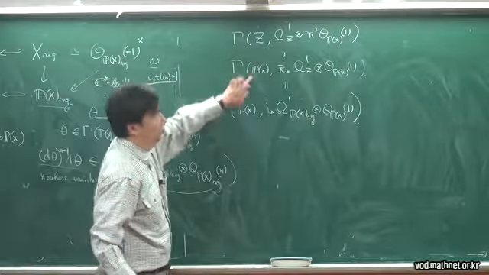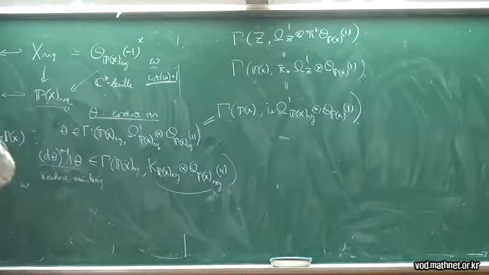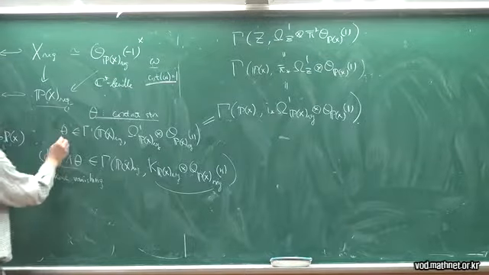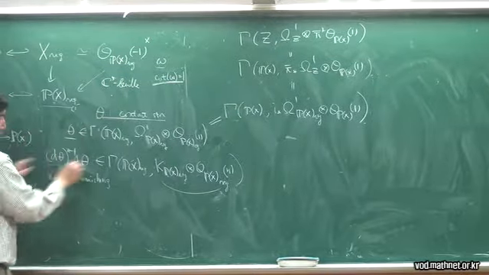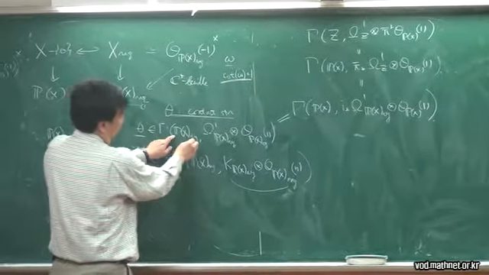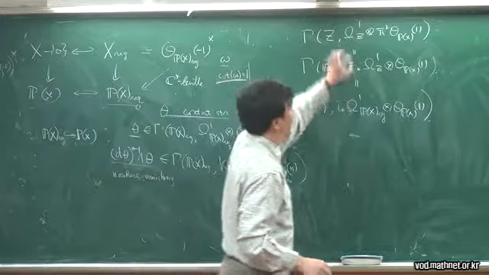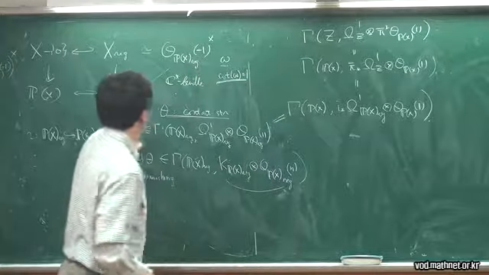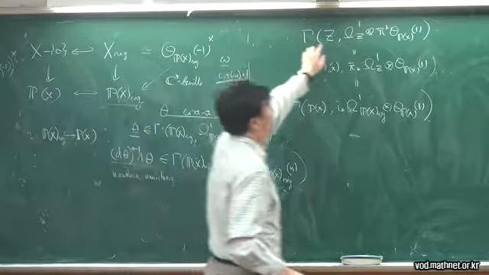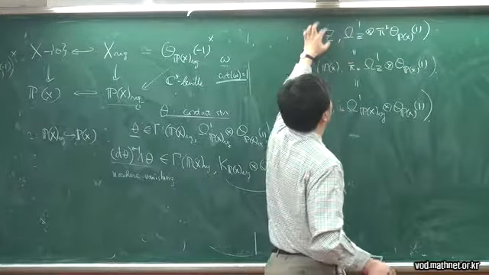Yes, this is a natural identification. So this one form is originally a twisted one form on the regular part of P(X), but by using this identification, this θ can be regarded as a twisted one form on Z.